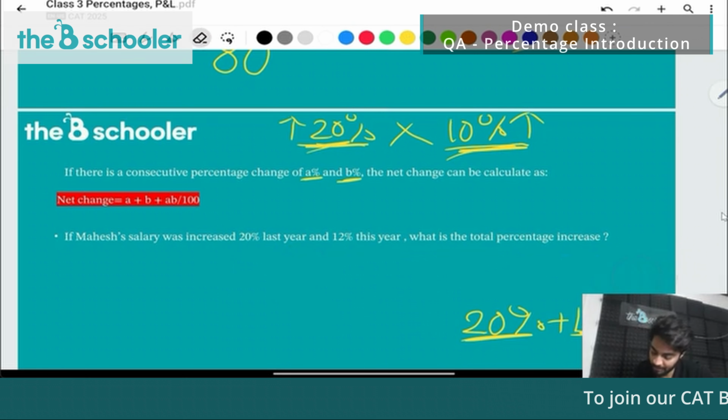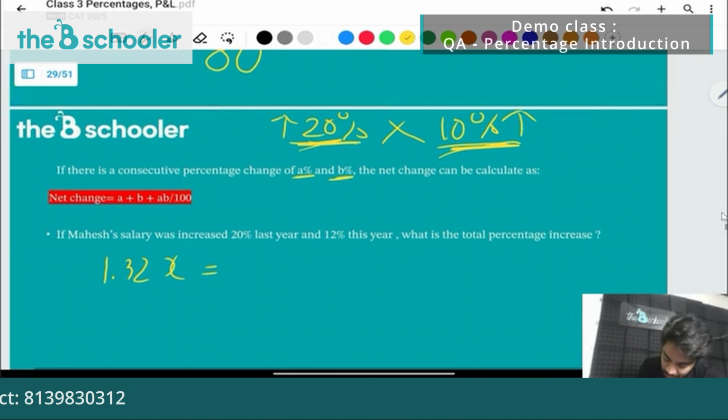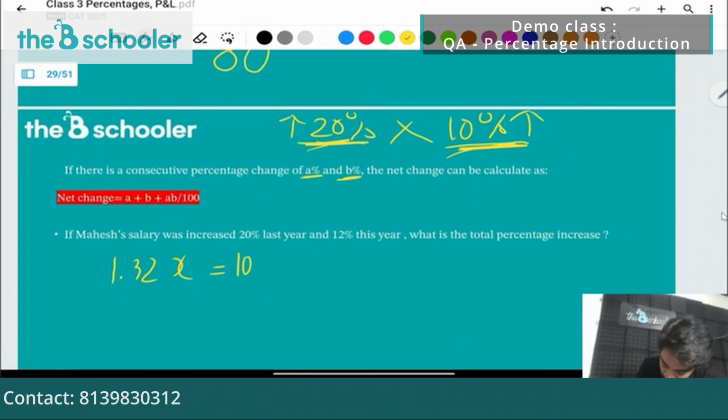Okay, why we are getting that is simple. Initially you're getting 1.32x. Why you're getting this is you are increasing by 20, you have 100% of x, and you add 20%, so you have an additional 20 percentage.